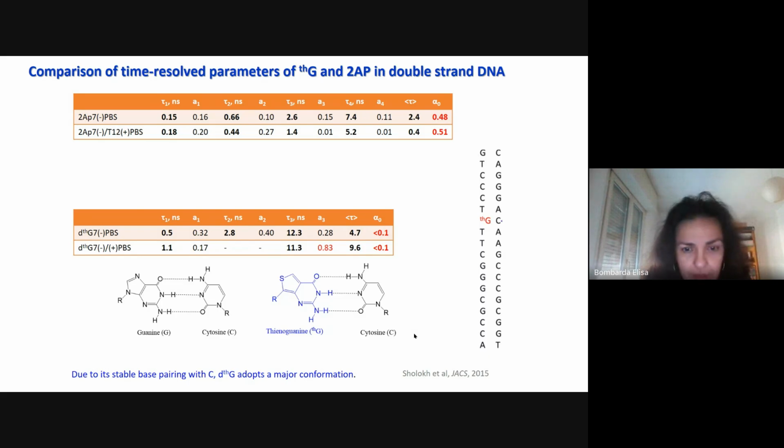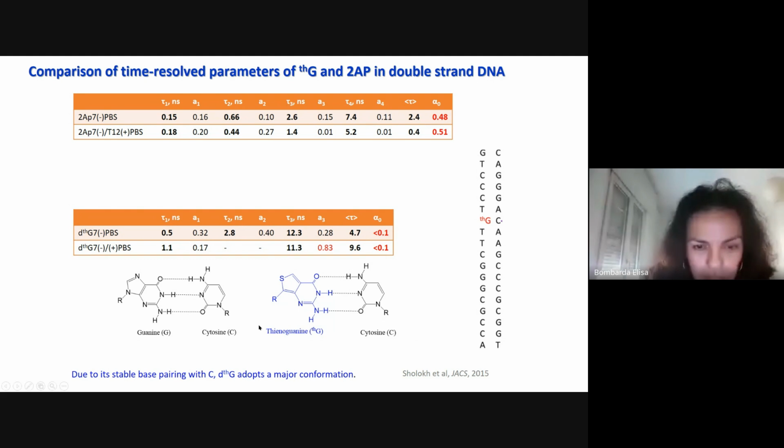Okay, so we can move on. Here in duplex, that is also just a comparison of the situation of 2-aminopurine in duplex and of thienoguanosine in duplex. Also here the species are much less.